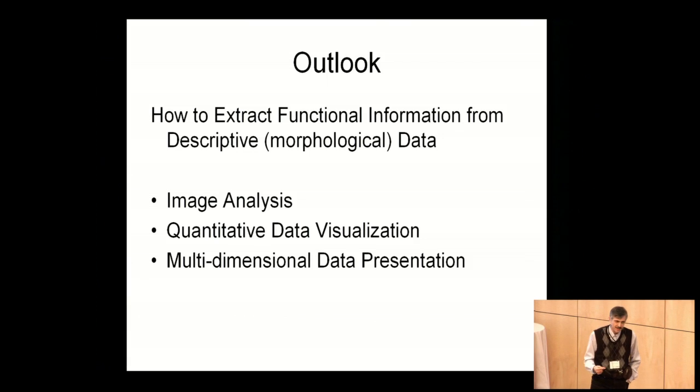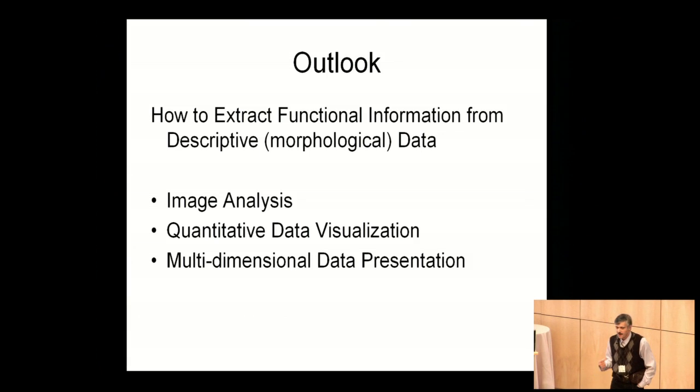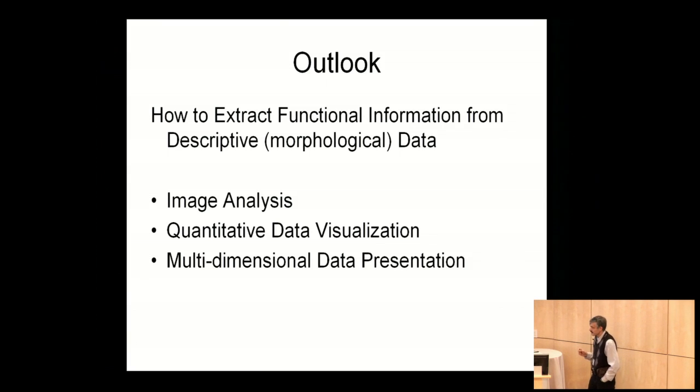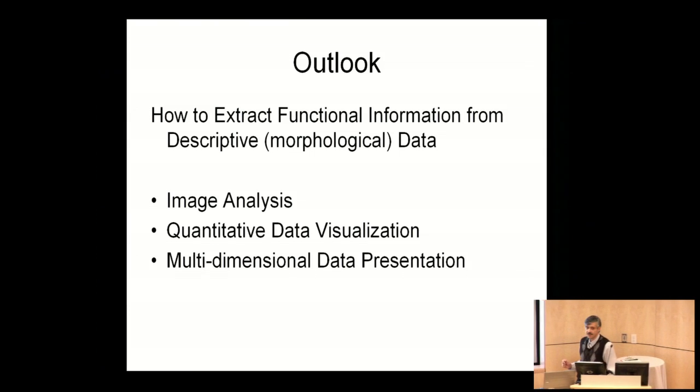Then we have to convert it in some way and then present it in some other way which will be suggestive and allow us to understand something which we don't see originally. To present these topics, I will go to image analysis. I will tell a little about visualization of quantitative data. And then I will touch at the end on multidimensional data presentation.